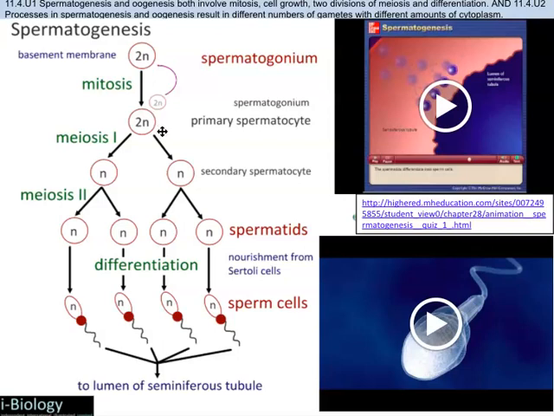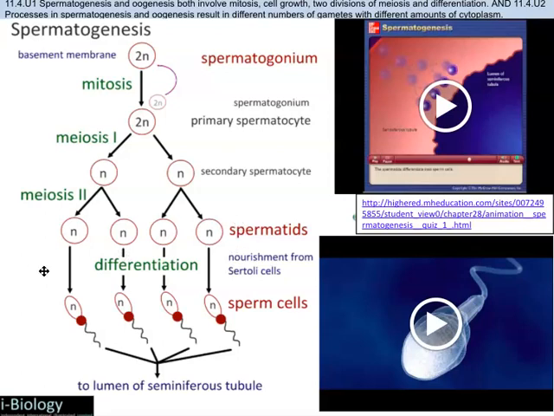Then we go through meiosis 1, that halves the number of chromosomes, and now we have these secondary spermatocytes. We then go through meiosis 2, and that's where we finally have the spermatids. Okay, we still have half the number of chromosomes here, but now we have 4 spermatids due to meiosis.